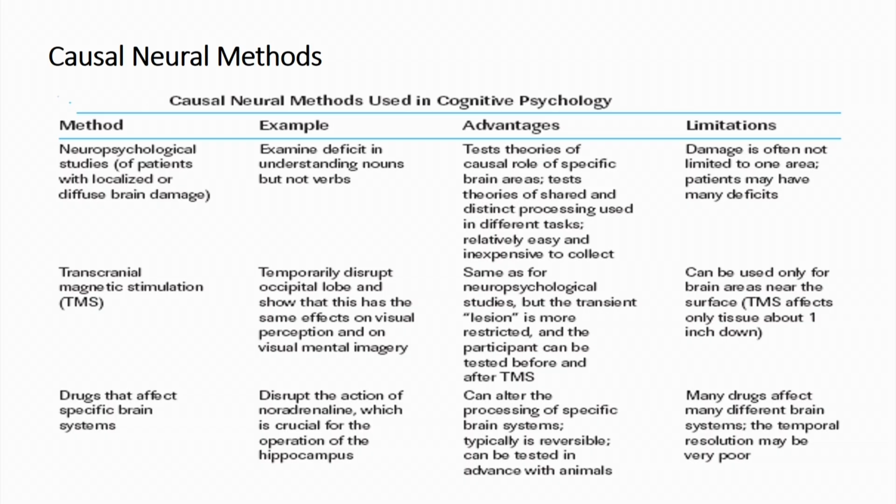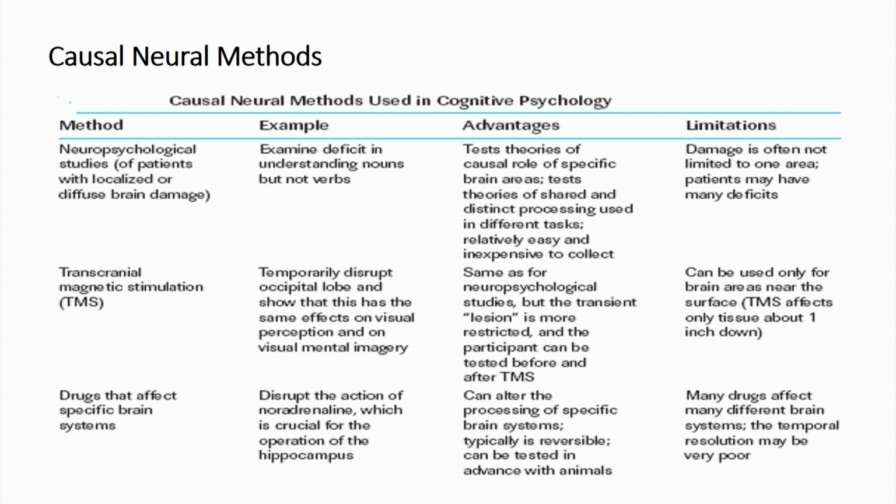If you give people who have a deficit in this area a noun and a verb, the area will show no activity, whereas people who do not have deficits will show different activity, and that will be enough to say that this area is responsible for the particular kind of act that is being required.